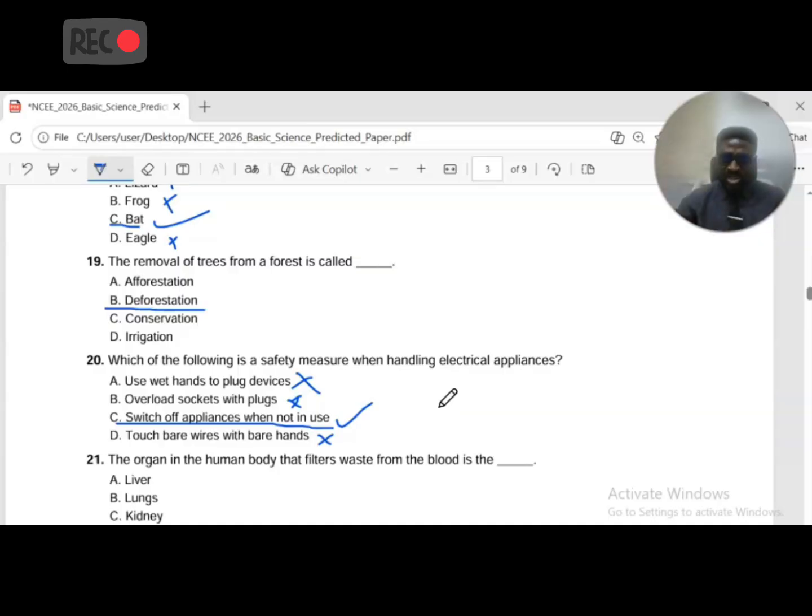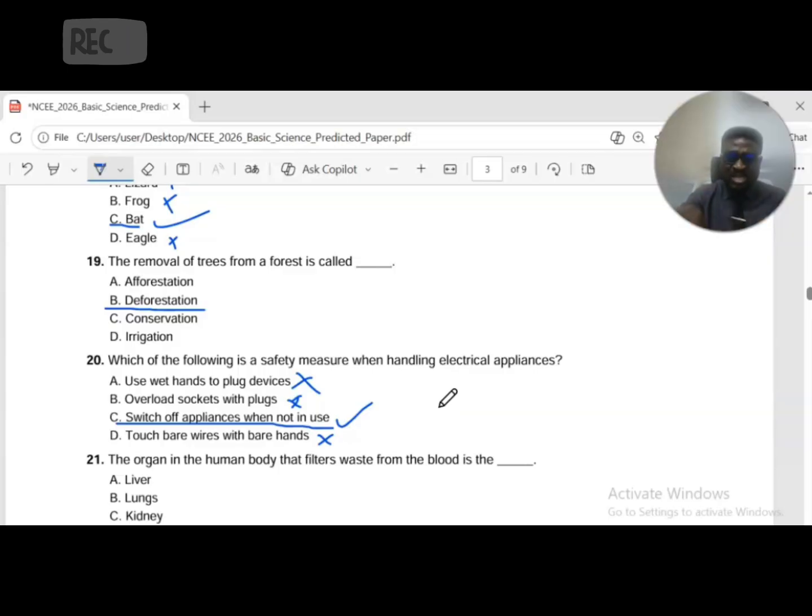And from your mental faculty and your mental processing, you should be able to decipher which answer goes for which, especially based on the question. Sometimes the answer lies in the question once you can study it very well and pick out what the examiner is looking for.